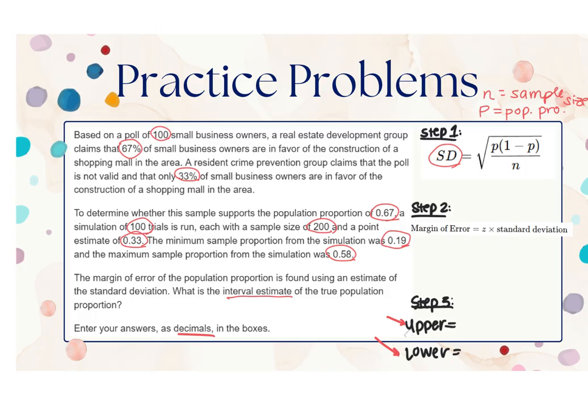Okay. So right away, I like to box up what each of these numbers represent. So 100 small business owners, 67%, so percent is circled, 33%. Okay, so this is the claim. This is the possible other claim. Okay, I'm going to cross everything else out.